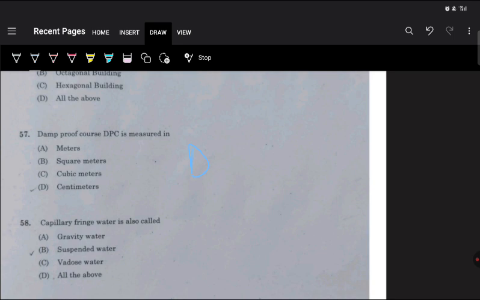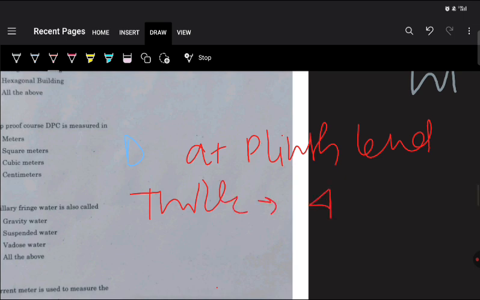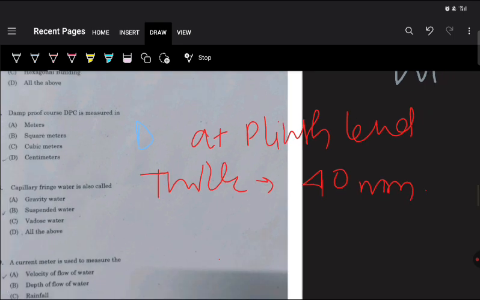One thing: damp-proof course is always measured in ordinary residential buildings or public buildings, and it is provided at plinth level. Remember, at plinth level. And the thickness of DPC is a minimum of 40 mm.